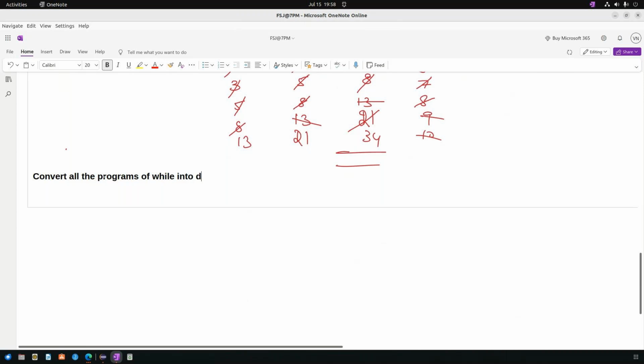You can do this, and tomorrow we'll discuss some more programs on do while. Meanwhile you can do this. I have some urgent work. So I want all the while programs converted into do while.